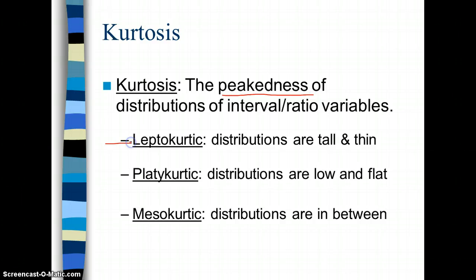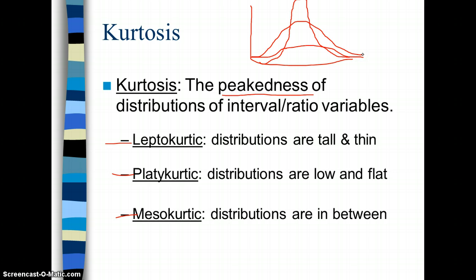For example, leptokurtic distributions are tall and thin, so that would be a distribution that looks like this. Okay. Platykurtic distributions are low and flat, so it would be something like this. And mesokurtic distributions are in between, and that's probably more the typical standard or normal curve, the bell curve that we think of.